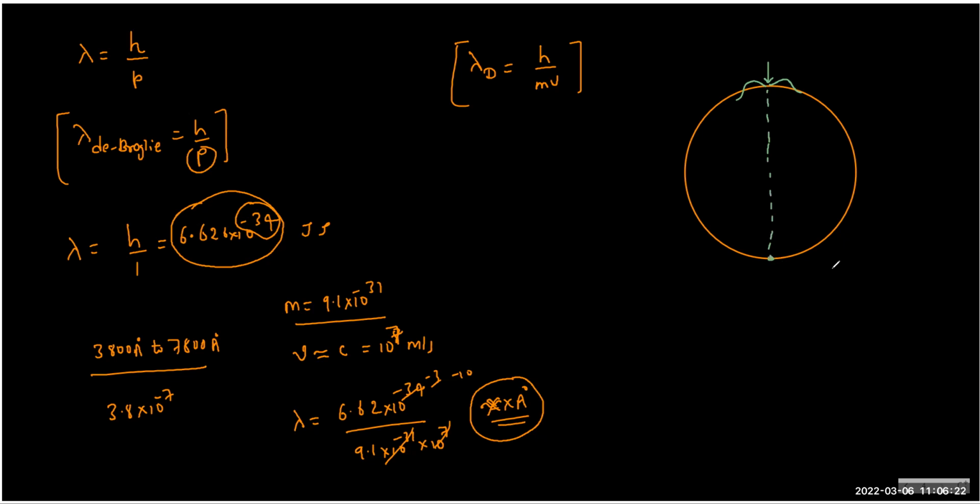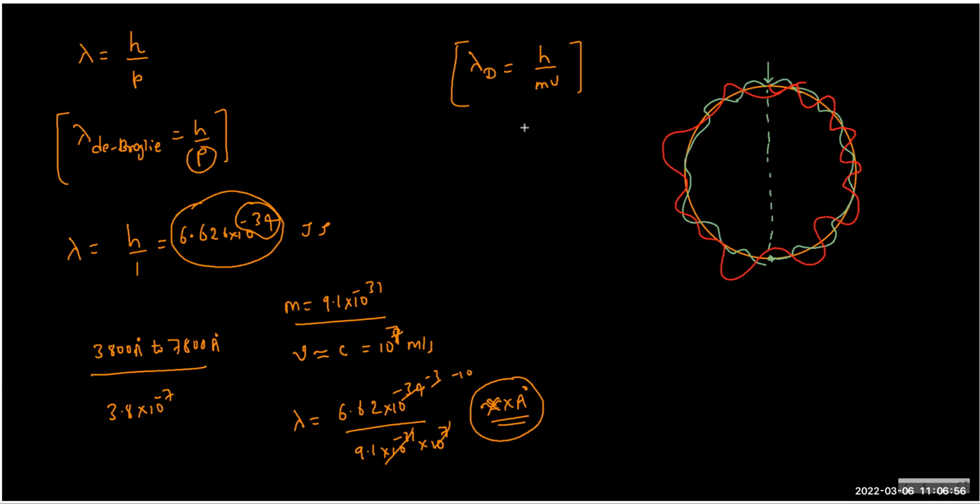At this point, correct? And after meeting here, some part will reflect back on both sides, and because of the reflection and the wave originating from this point, these two will superimpose, and as a result of this superposition, what they will create is a standing wave.